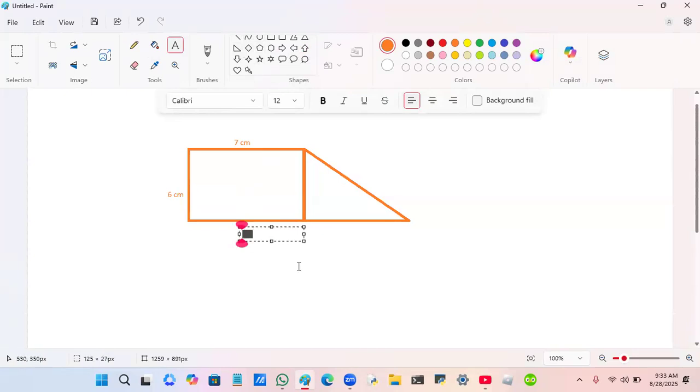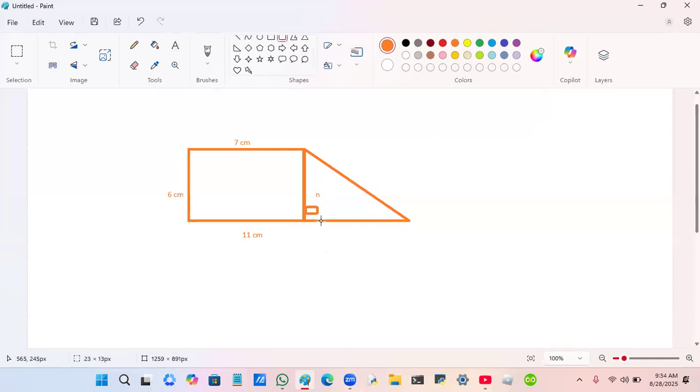They did not give you the height. That's all that they gave. So what did they ask? They're asking you to find the area of the figure below.